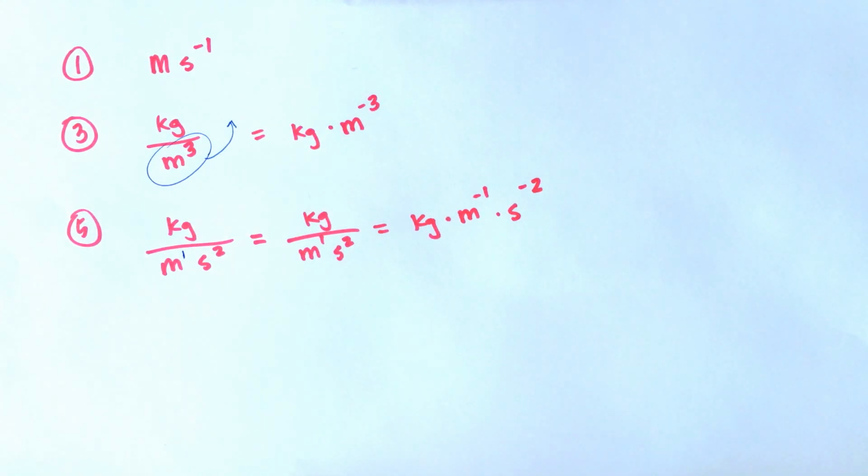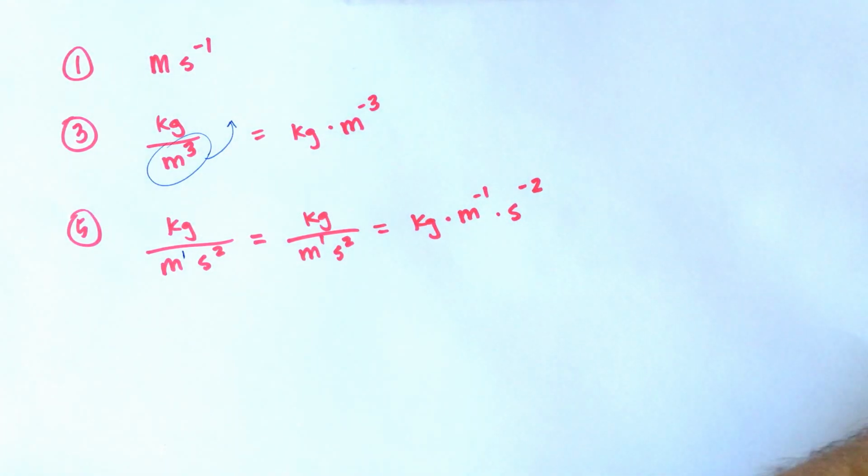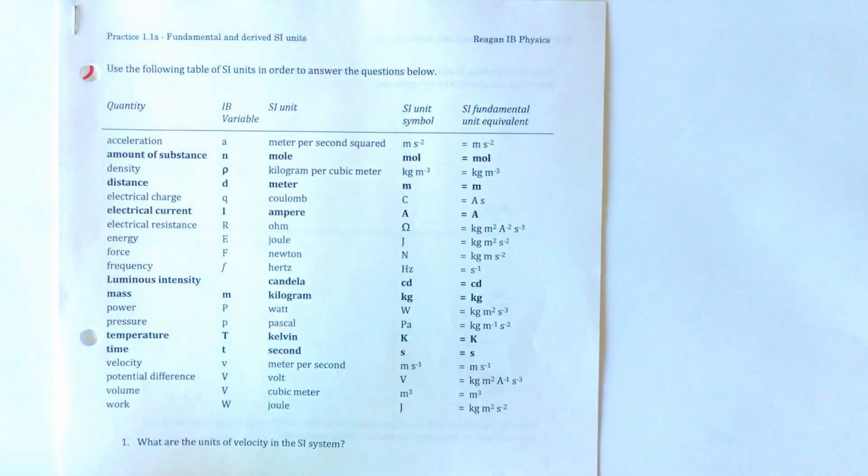For number 5, they also ask you to find out what quantity is being expressed, and in order to do that, we have to go back to our table and look up kilograms meters to the -1 seconds to the -2.